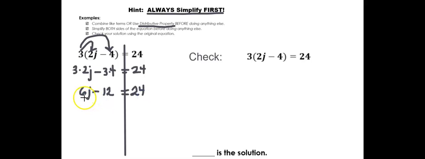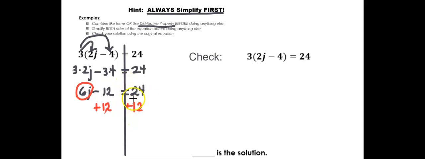So to solve this, I can now go 6j minus 12. I need to circle my term with the j in it. So I can recognize to get rid of that minus 12. And I can get rid of that minus 12 by adding 12 to both sides. On this side, it will get me to isolate this term by itself, shorten the equation, get closer to the solution.